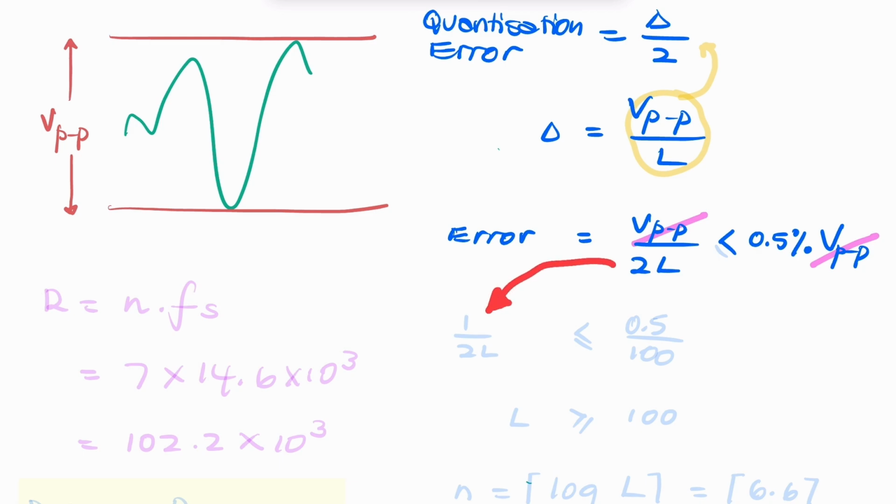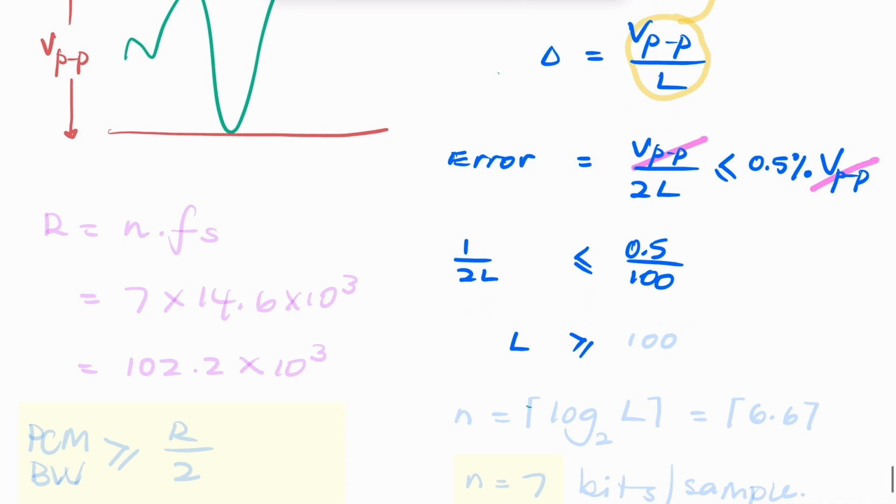So we have 1 over 2L is less than or equal to 0.5%. And we can solve that for L. L is greater than 200 divided by 2, which is 100.